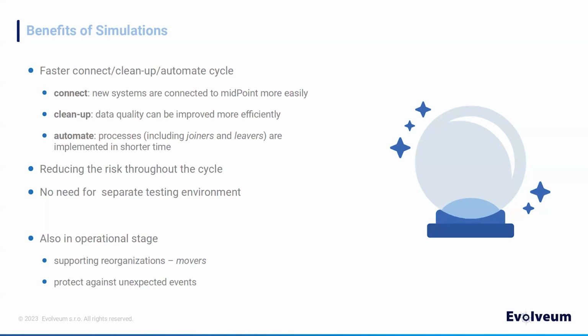What is also interesting, the simulations can also be deployed as a safety mechanism to prevent data corruption due to possible massively invalid data coming from resources. This involves the thresholds feature already present in midPoint for some time and can be used to disallow processing that's obviously wrong.